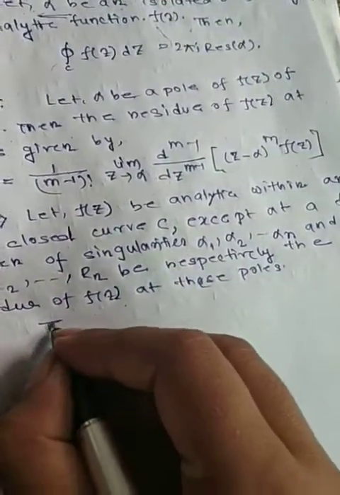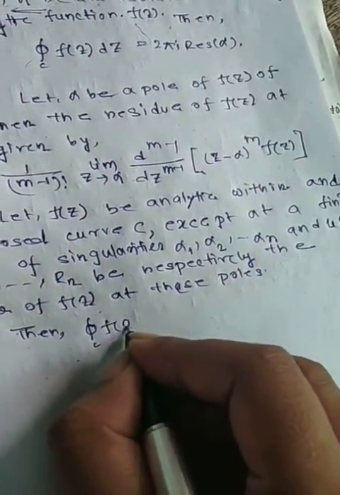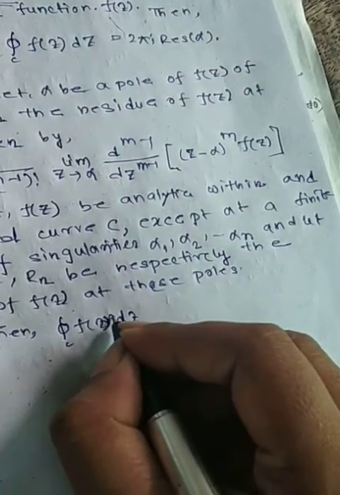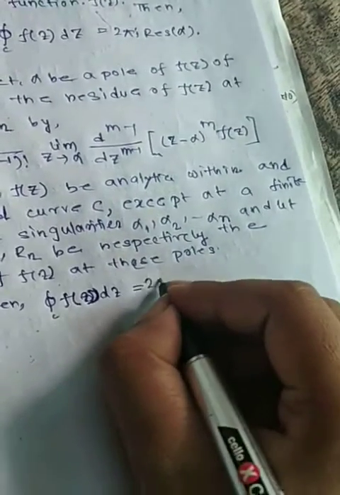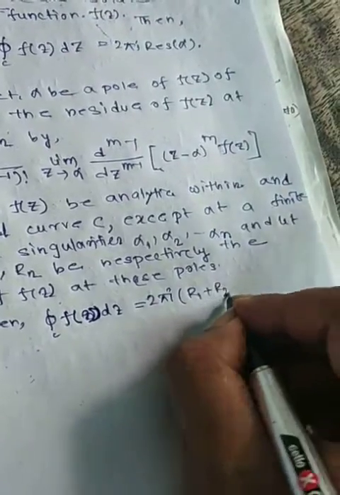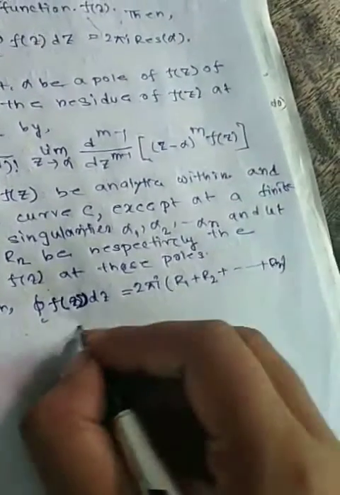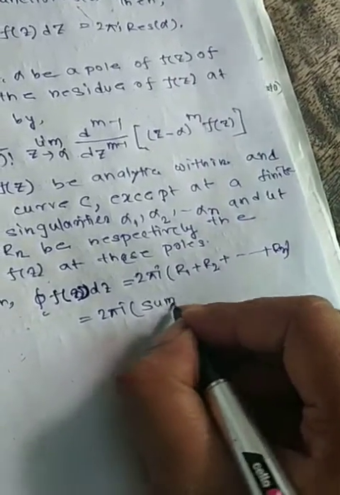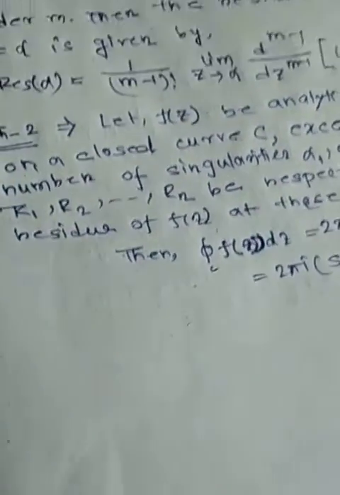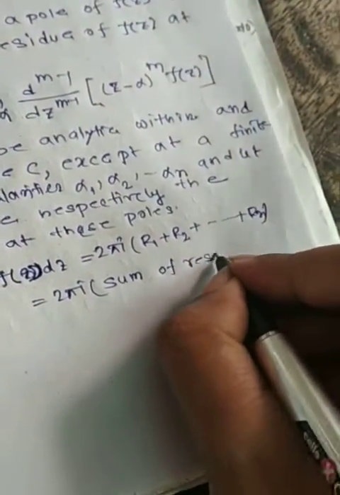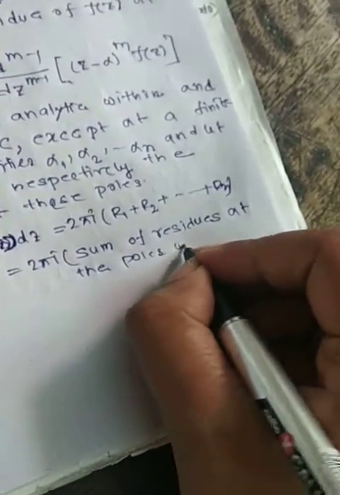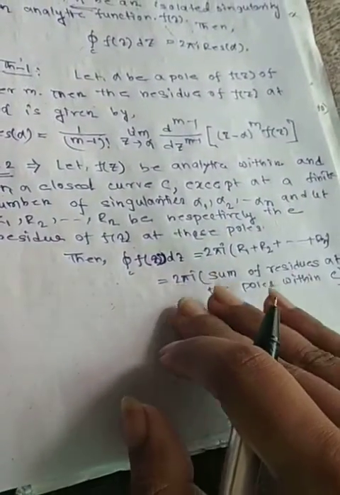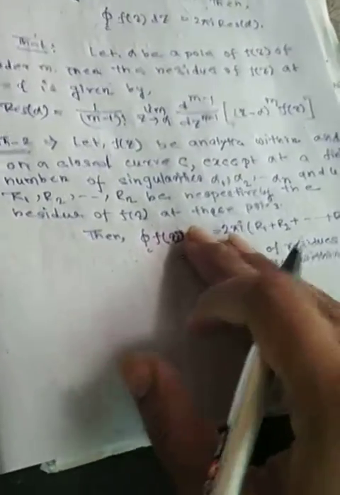Then the formula is the closed integration over C, meaning over the closed curve C, of f(z) dz equals 2 pi i into R1 plus R2 and so on, that is, 2 pi i into the sum of residues at the poles within C. This is our Cauchy's residue formula.